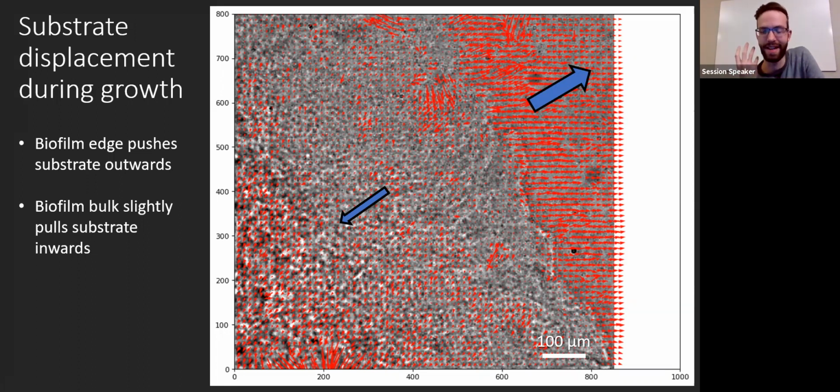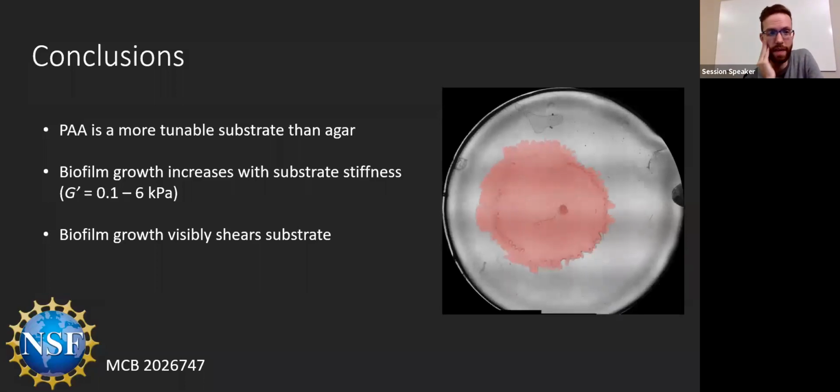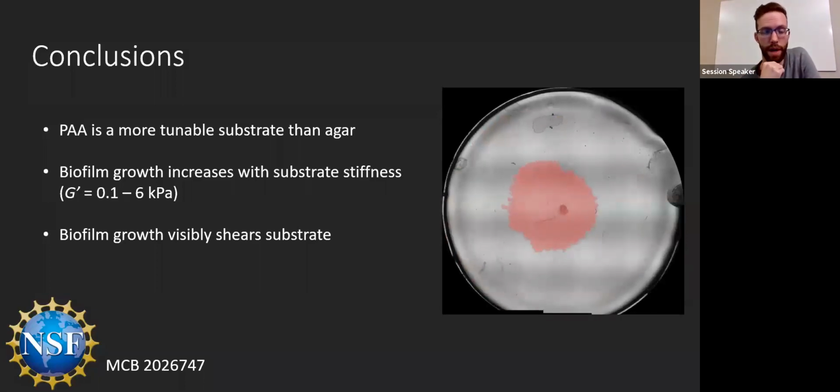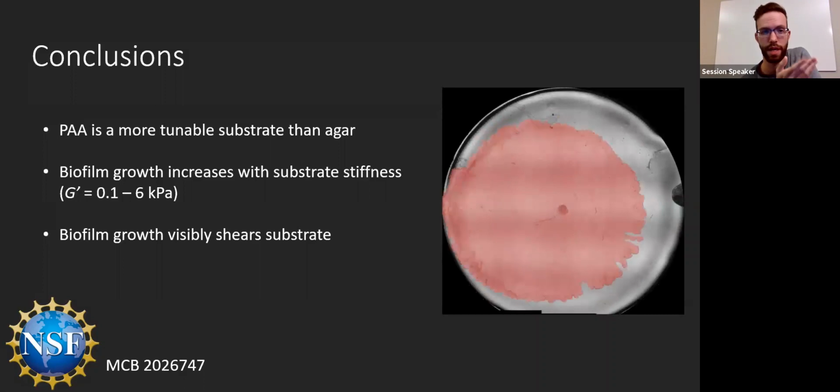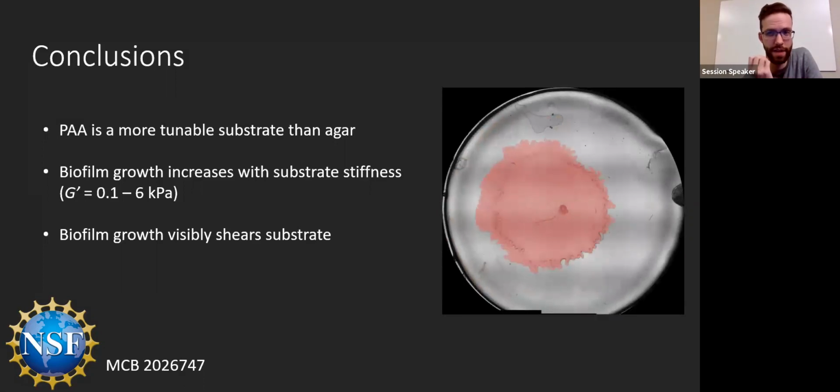Now we're still trying to understand and investigate the nature of this physical coupling, the nature of these forces. But in conclusion, we've been able to see that polyacrylamide hydrogels as a substrate are more tunable than agar and are able to isolate some of these effects of stiffness better than you can on agar substrates.